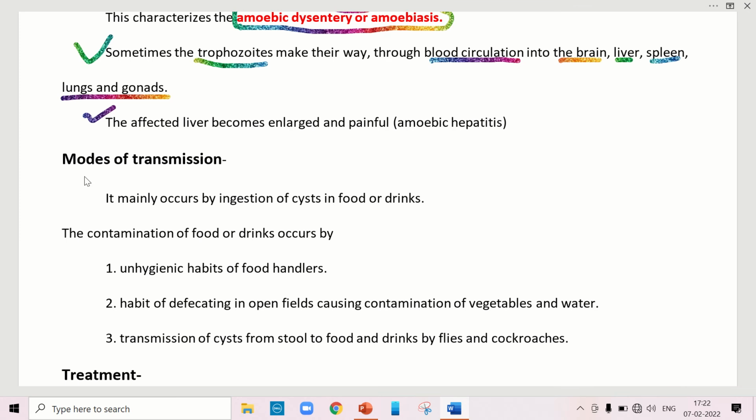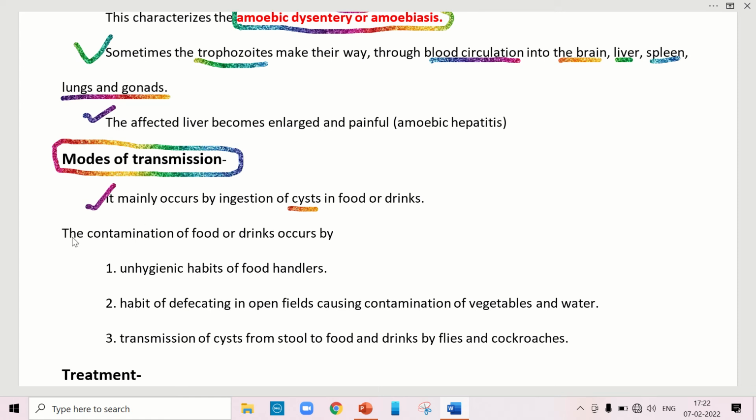So again, the second point, mode of transmission. This disease mainly occurs due to the ingestion of cysts in food or drinks, and whenever these cysts enter the body, they cause Amoebic dysentery.